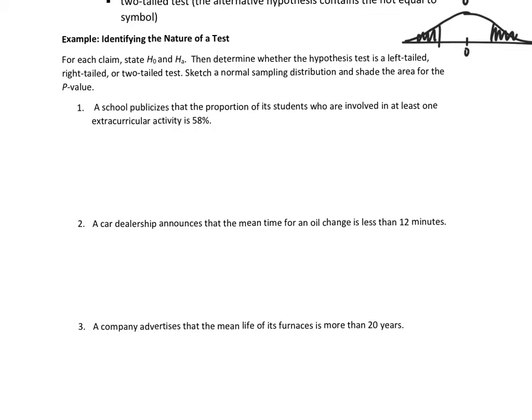So a school publicizes that the proportion of its students who are involved in at least one extracurricular activity is 58%. So it's exactly equal to 58%. So p equals 0.58. Since this is a statement of equality, this would be the null hypothesis.